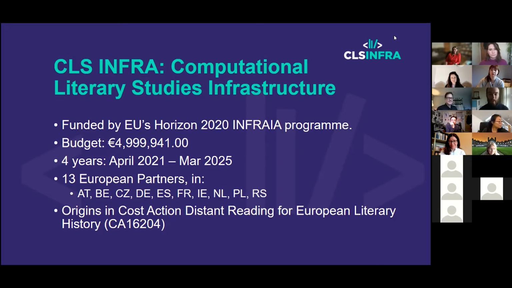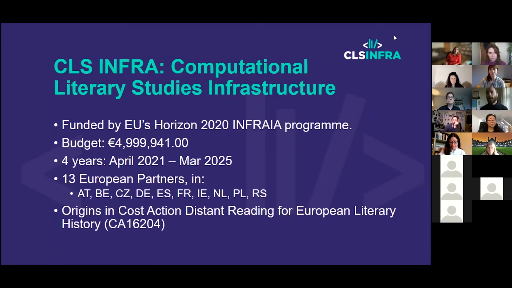The chunk of that which comes to NUIG is just under 325 grand. In Galway, we're leading the work package on dissemination, and Ciara Murphy, who's here as well today, is working with me on that. The project has 13 European partners from 10 different countries, and it includes our Ignite friends in Ghent. The project arose out of a COST Action called Distant Reading for European Literary History.